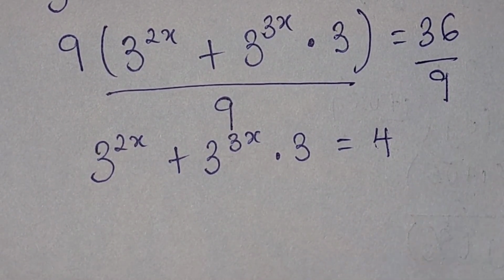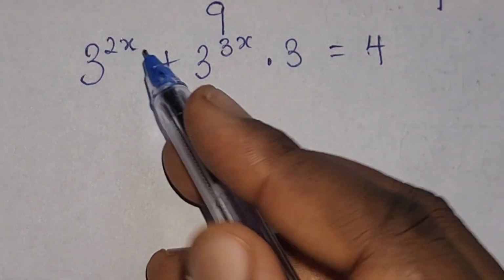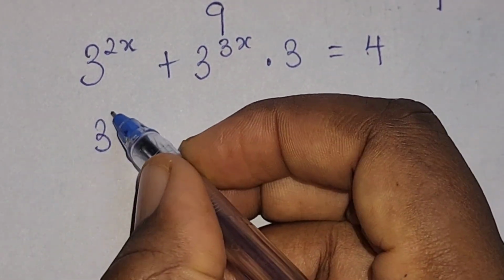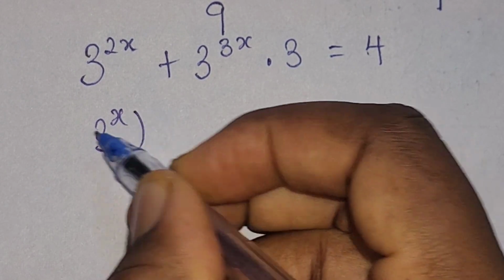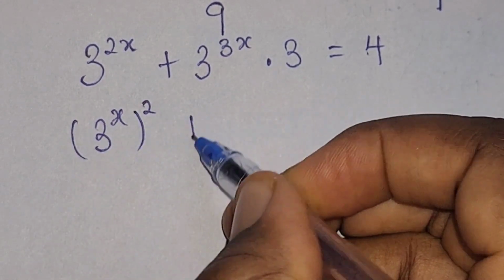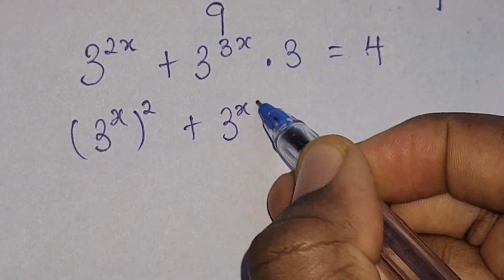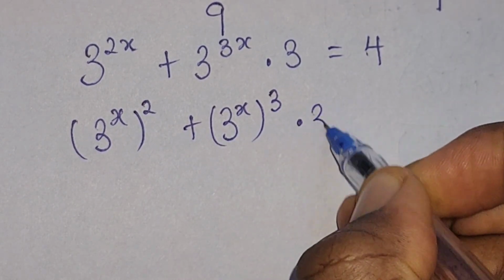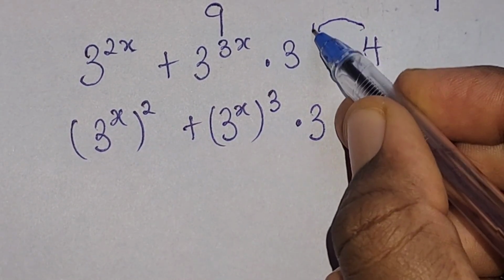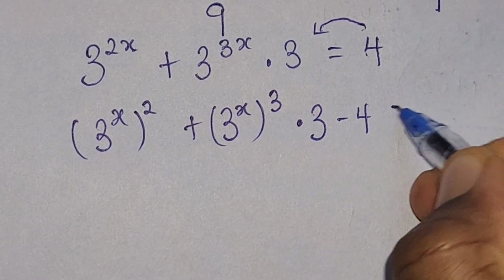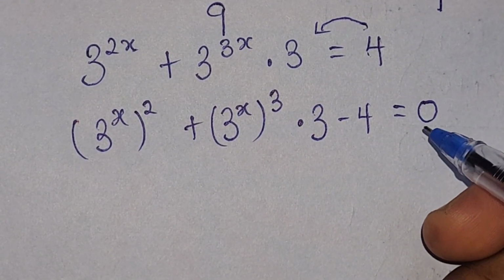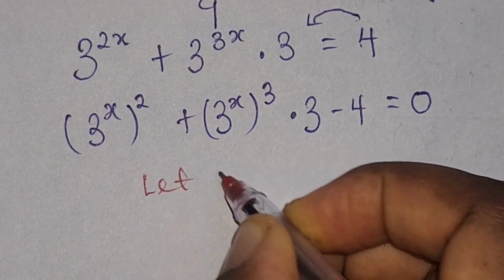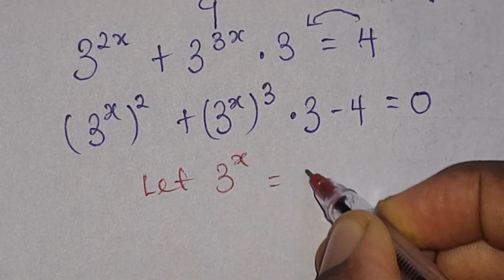So we can split these powers to have 3 to the power of x further raised to the power of 2 plus 3 to the power of x further raised to the power of 3 times 3, and crossing over, we have minus 4 is equal to 0. So let 3 to the power of x be equal to a.